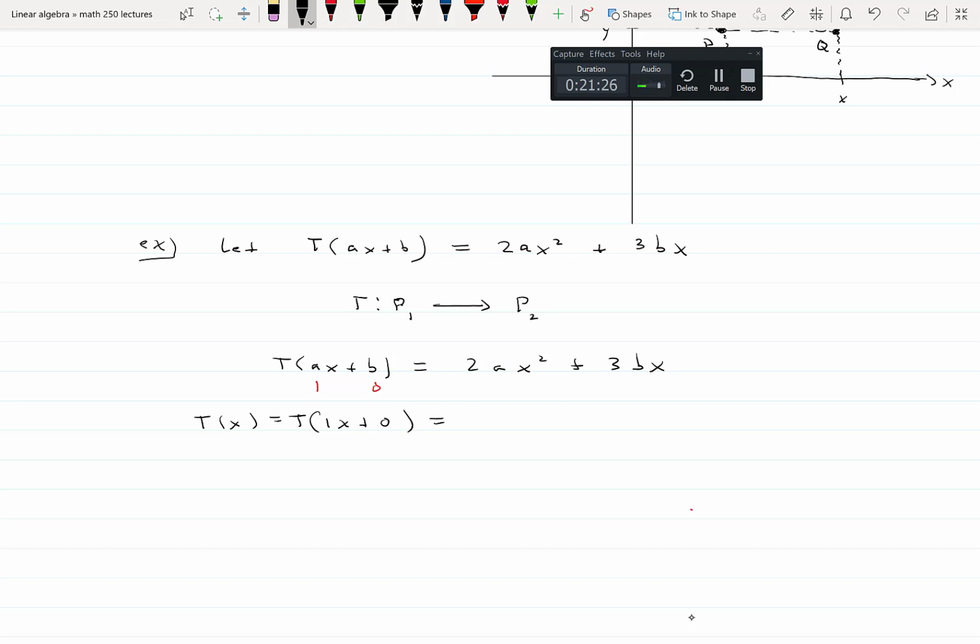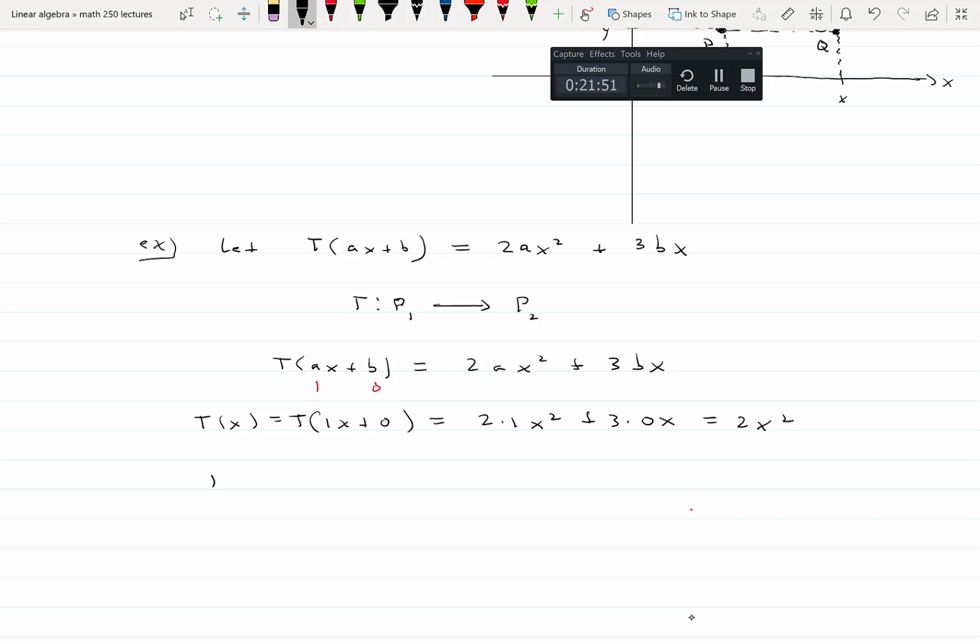So I'm going to substitute A equals 1: 2 times 1x squared, plus B is 0, plus 3 times 0x. So that's 2x squared. So T of x is 2x squared. So T takes the polynomial y equals x and turns it into the polynomial y equals x squared.